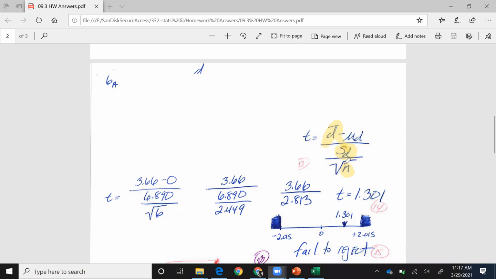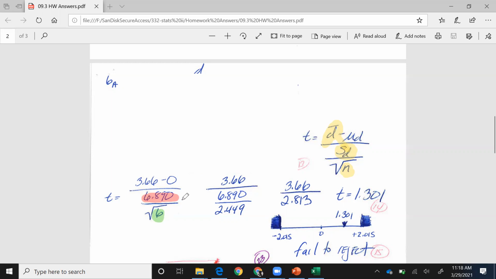Based off the information that we used, we calculated the D bar equal 3.667. I made it 3.66. We found out that the standard deviation was 6.89, which we just showed you on the previous slide. You plug that number here, and then the square root of the N gives us the square root of 6 down below.